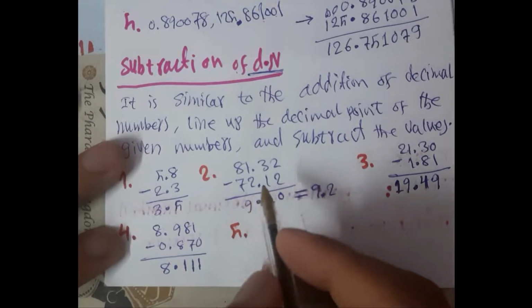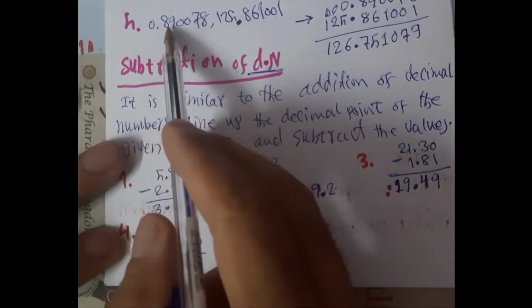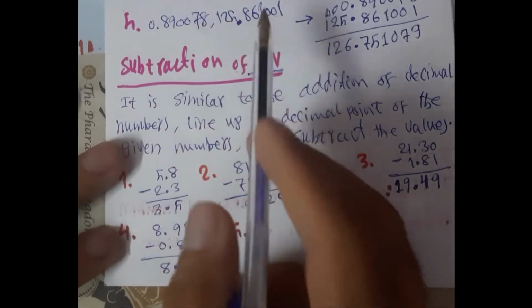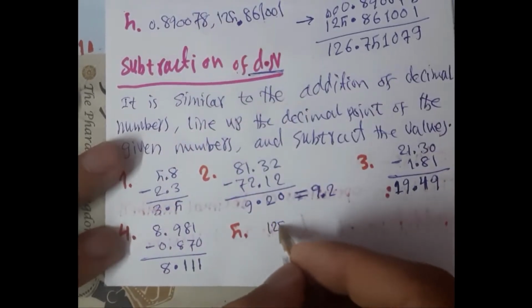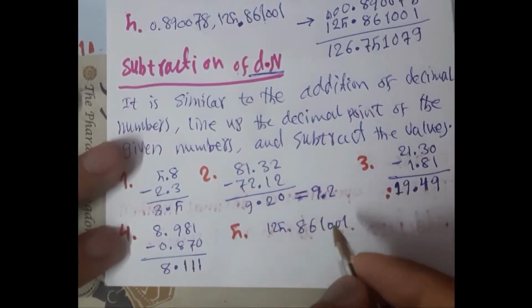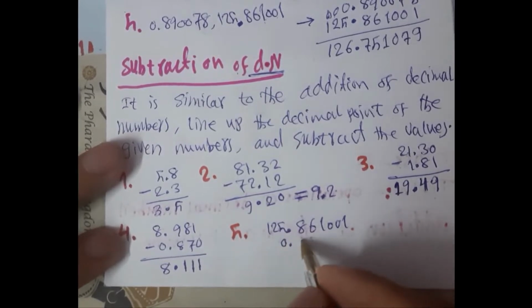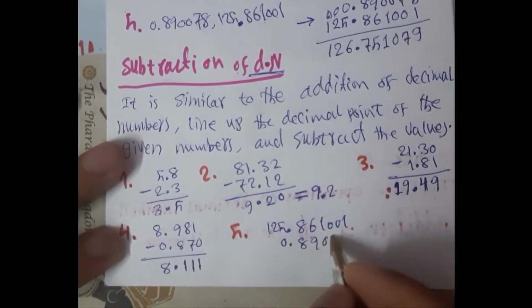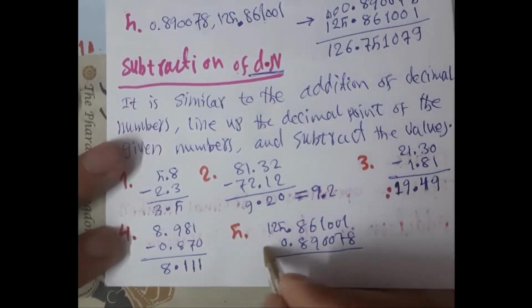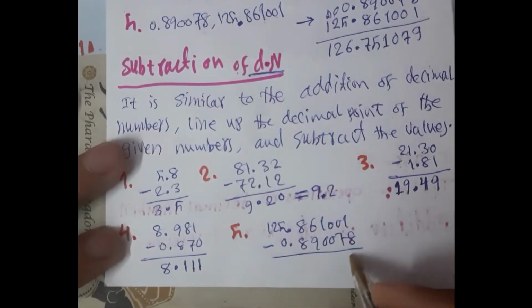Question 5. Here we have 0.890078 and 125.861001. 125.861001 is bigger, so we write it first. Next number, 0.890078. We subtract these two numbers. 11 minus 8, 3.